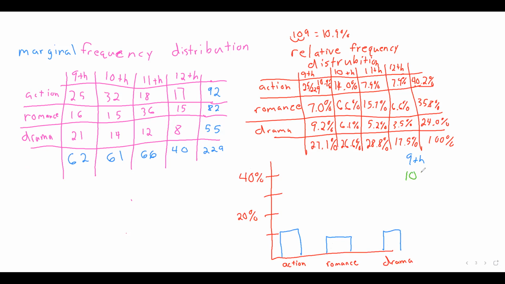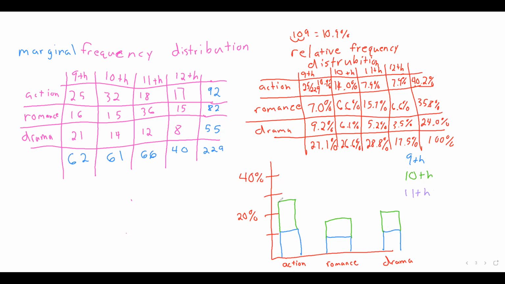10th grade, we're going to do with green here. 10th, I've got 14%. Now I total that up. 14 plus 10.9 is about 24.9, pretty close to 25. 7 and 6.6 is 13. 9 and 6.1 is 15. 11th, we're going to do here in purple.